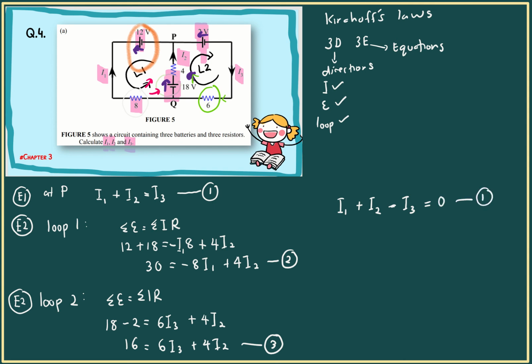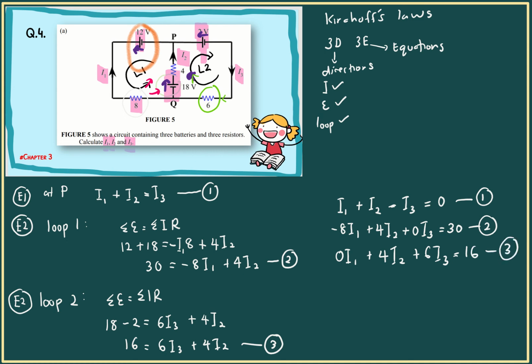Your second equation: negative 8I1 plus 4I2 plus 0I3, we put 0 as we don't have I3 there. Last one, we don't have I1, so we put 0I1 plus 4I2 plus 6I3 equal to 16, the third equation.